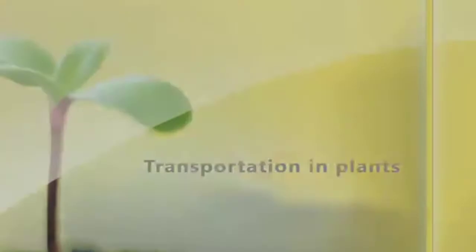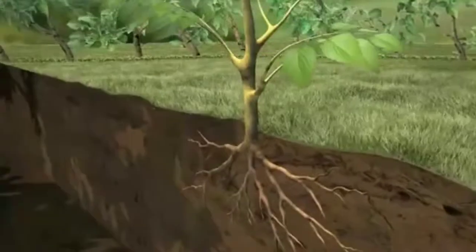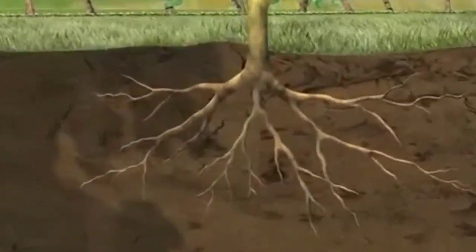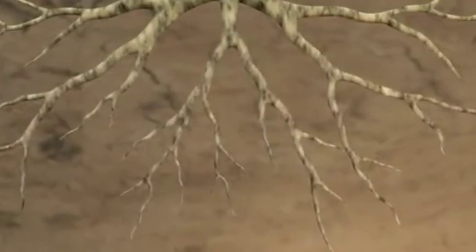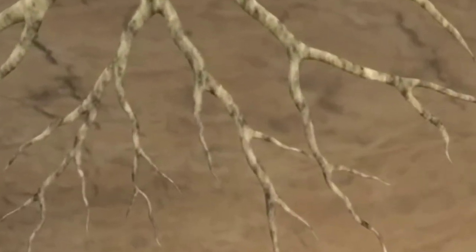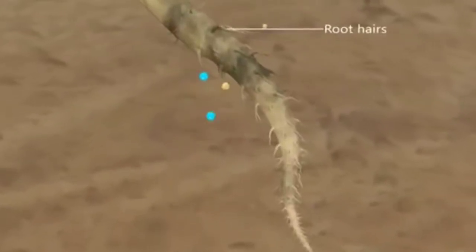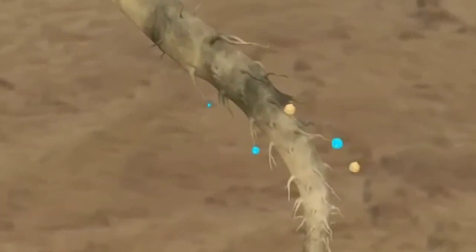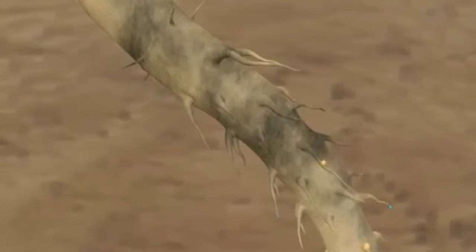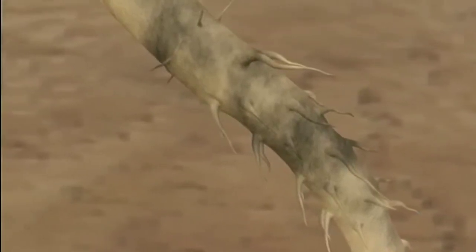Transportation in plants. All plants need water. Plant roots absorb water and minerals from the soil. Water absorption is mainly carried out by root hairs. These thin-walled hairs greatly increase the area over which water absorption can take place.